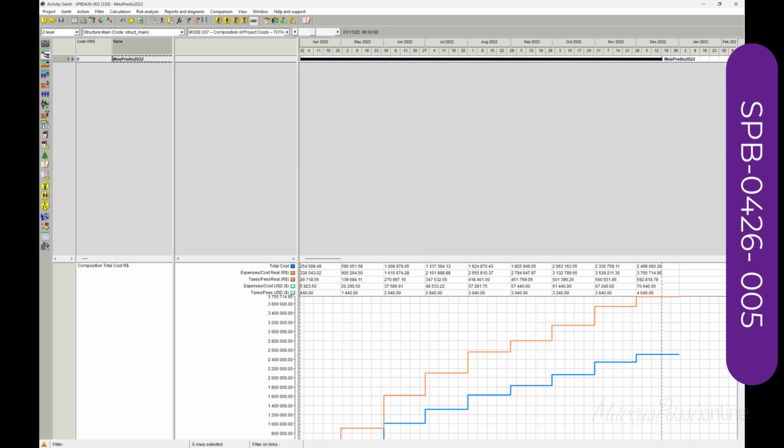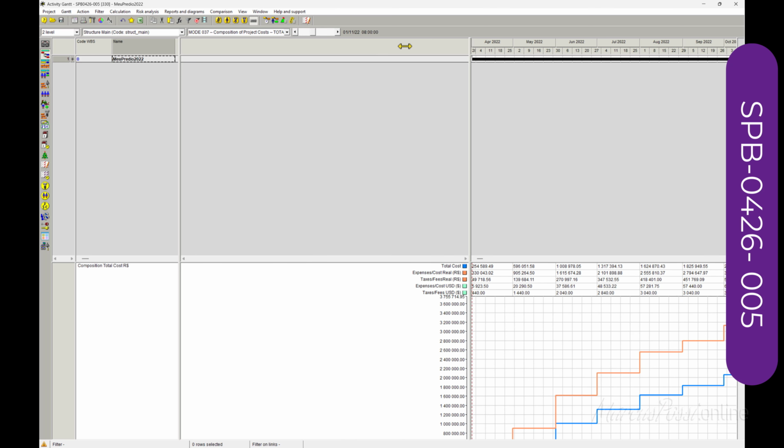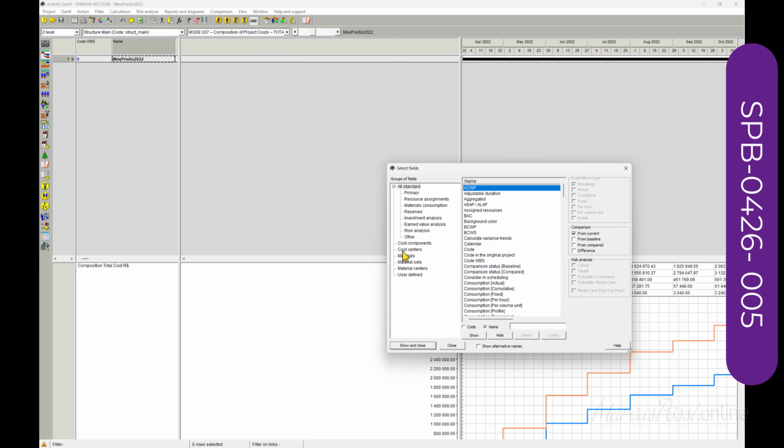37. Components, okay, code WBS, name, what else? Totalizer field of components of a total cost center, okay, cost centers. And so, cost center, cash flow, there's no reason to show cost flow, but cost real, tax and fee, total costs.